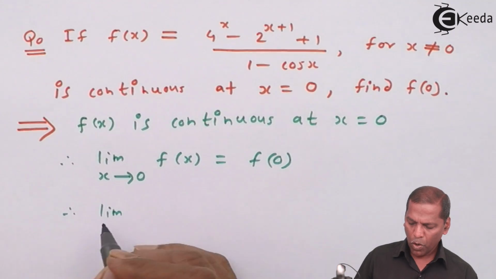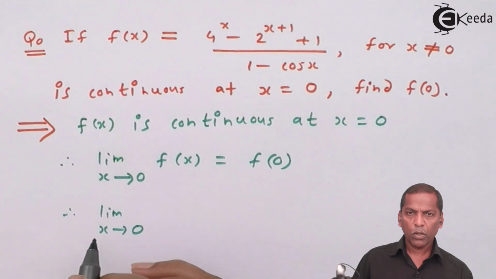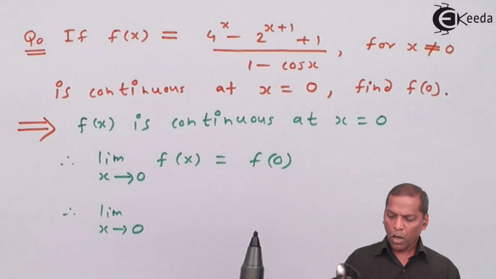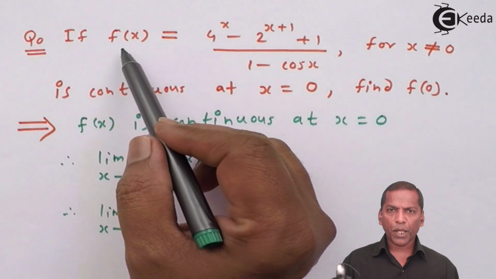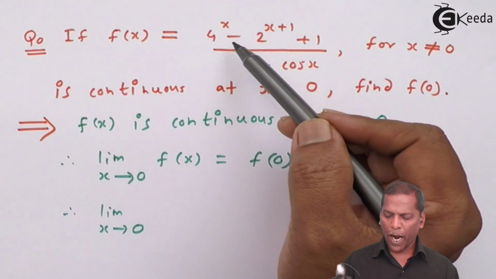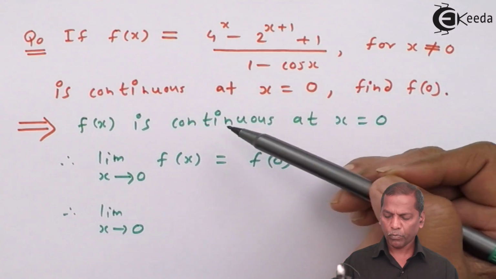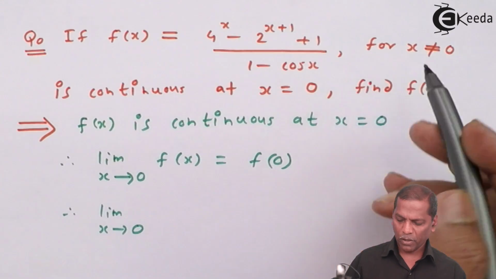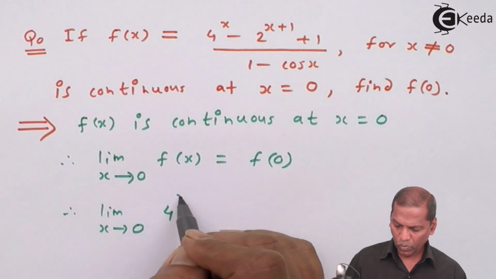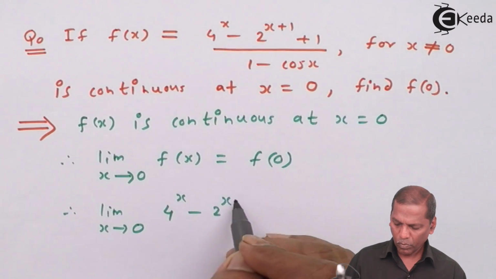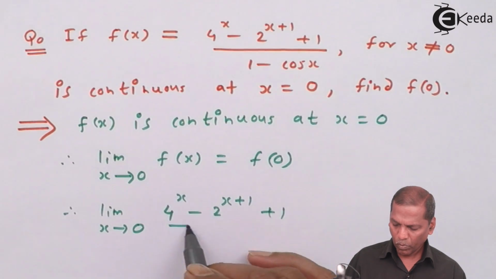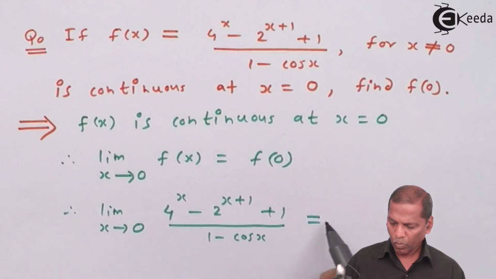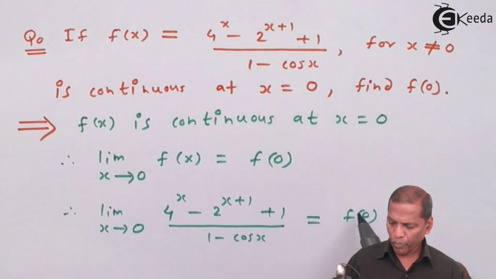Therefore, limit x tends to 0. Now x tends to 0 means x not equal to 0, and at that time f of x is defined as (4^x minus 2^(x+1)) totally divided by (1 minus cos x). That equals f of 0.